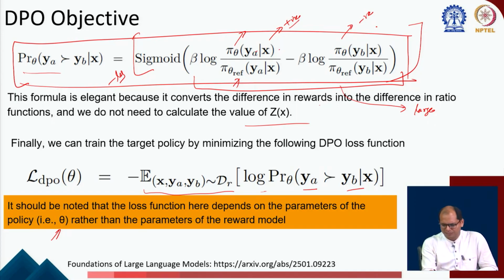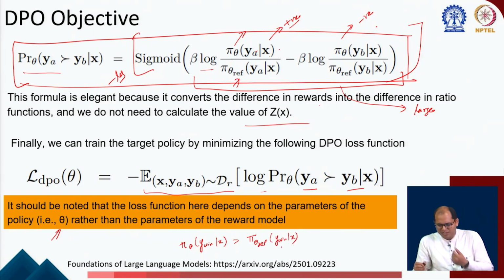That means log of, which means pi theta of y a given x should be greater than pi theta ref. Let me write this: pi theta of y winning sample given x should be higher than pi theta ref of y winning given x. What does that mean?